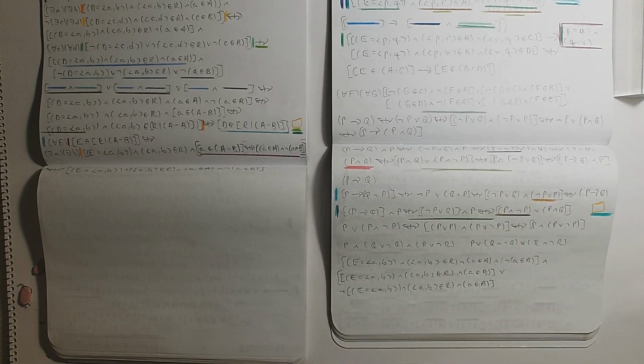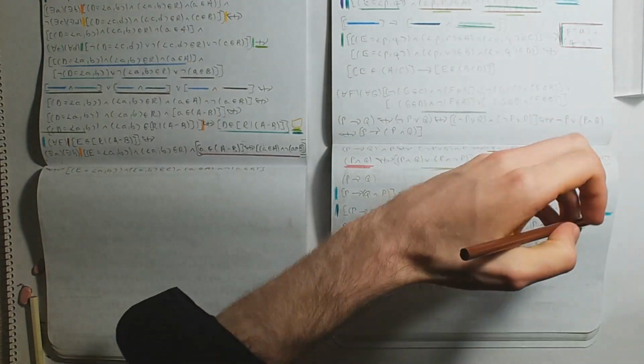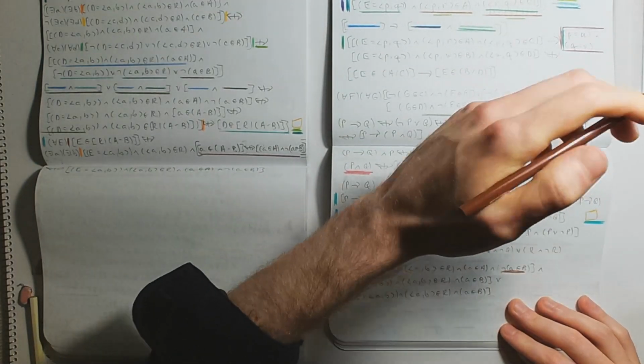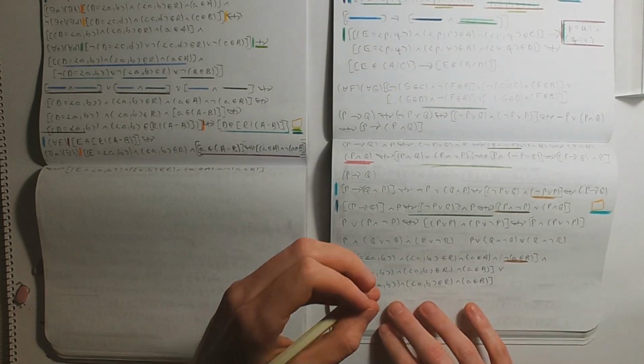And now if I distribute, I get, okay, the same idea. We can or this, or we can and reduce this, and then these are merely the expressions.